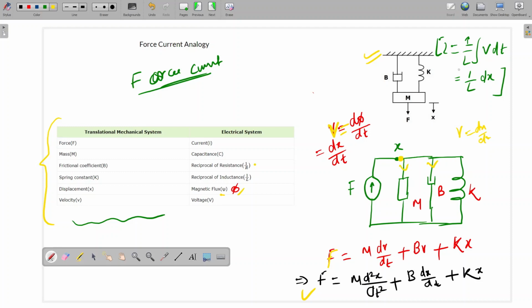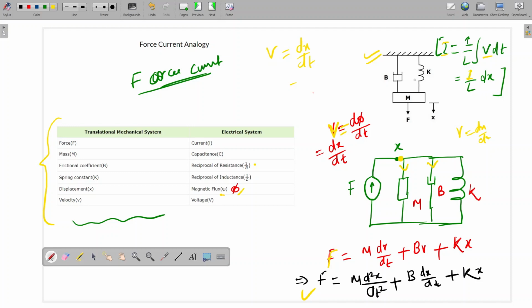And for the inductor, I is equal to 1 by L into the integral of V dt. Here V is equal to dx by dt, so dt will cancel, and that will be 1 by L into dx.